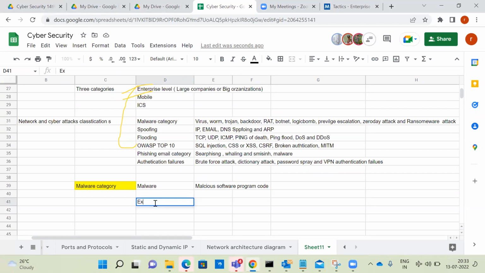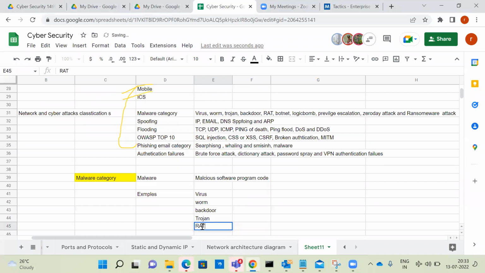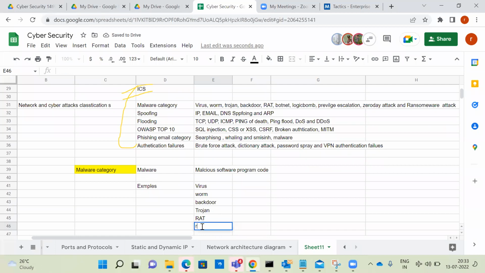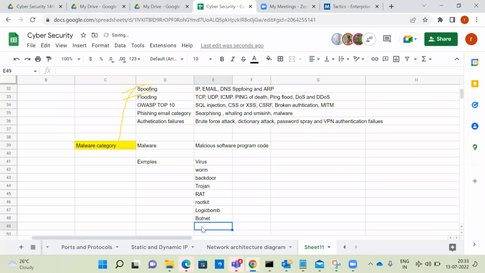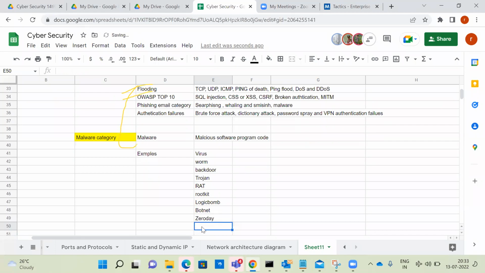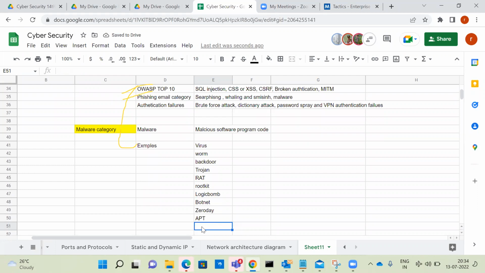Examples of malware, which we already discussed: virus, worm, backdoor, Trojan, RAT (remote access Trojan), rootkit, logic bomb, botnet, zero-day, APT (advanced persistent threat).